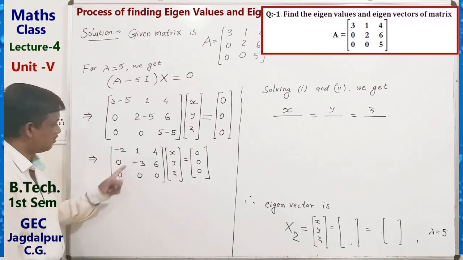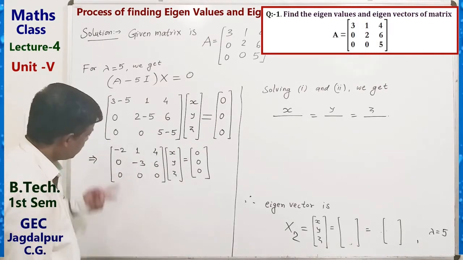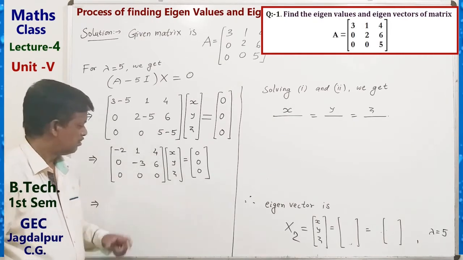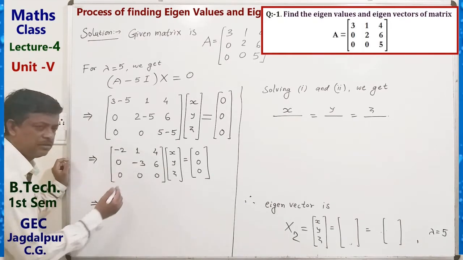Our matrix is converted like this. Now here rank is 2. So one variable is arbitrary.